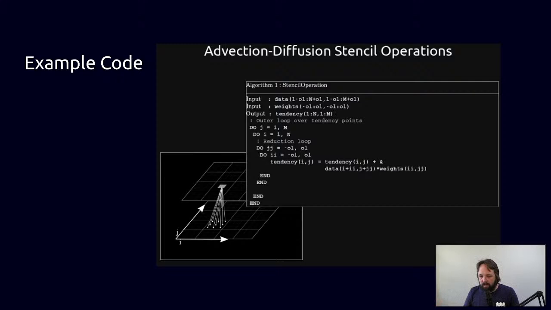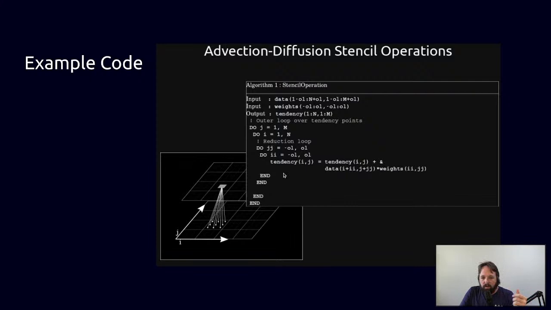This is a very common pattern you see in codes like stencil operations of finite difference, finite volume, these kinds of things, people who are doing Poisson solvers, stuff like that. This stencil is ubiquitous. It's everywhere. And the way it's written up typically, and I've seen it done quite a bit, is you'll have a 2D array for your data, and it goes from 1 minus some ghost width, or the width of your stencil, up to N plus the width of your stencil.